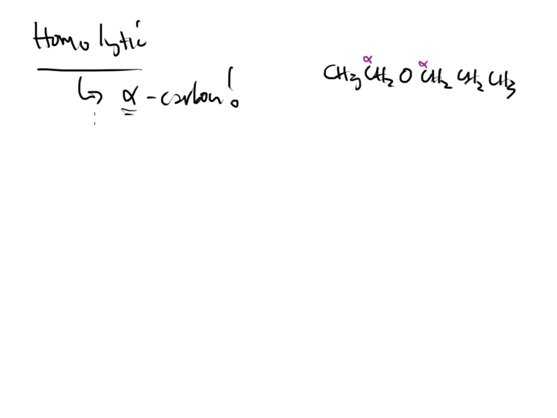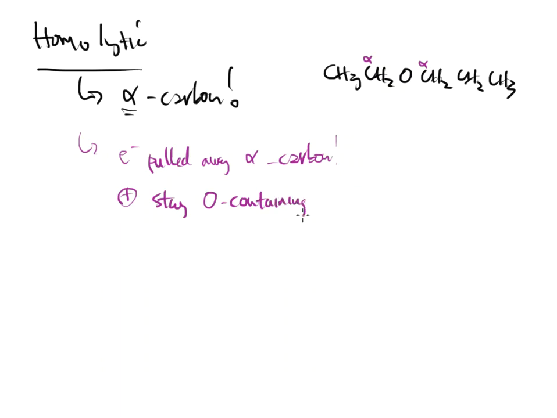In a homolytic cleavage, what happens is that the electrons are pulled away from the alpha carbon, and it allows the cation to stay on the oxygen-containing piece.